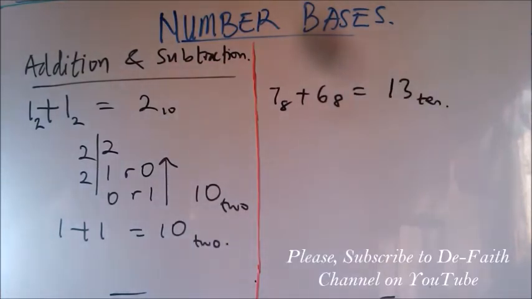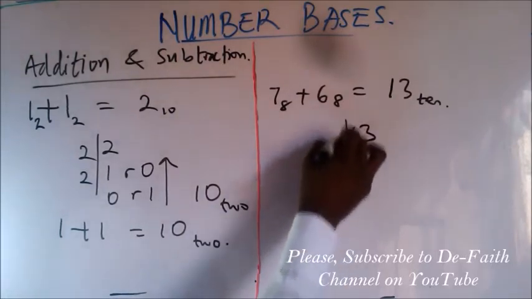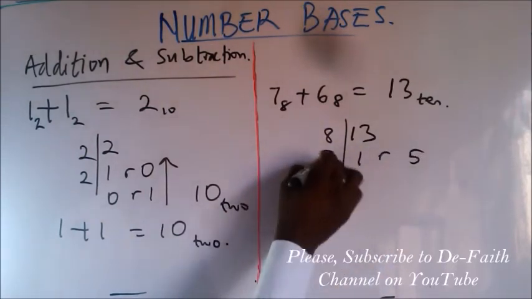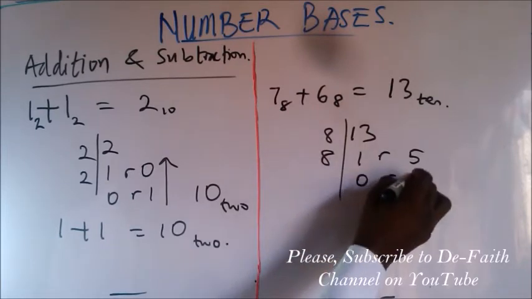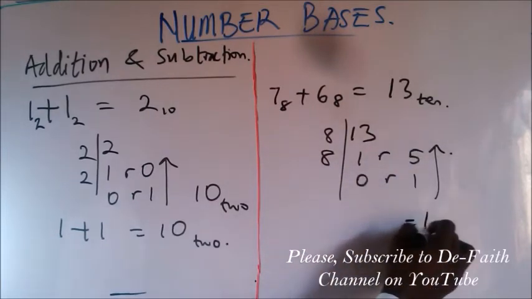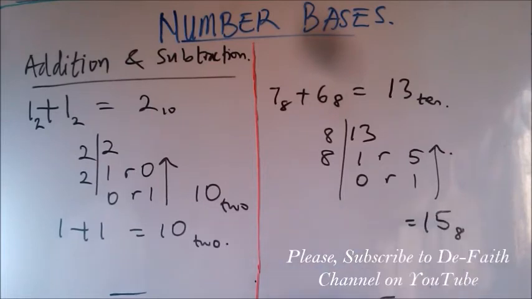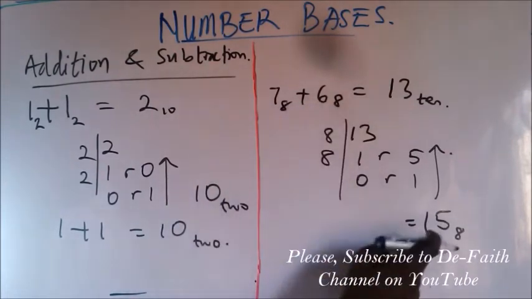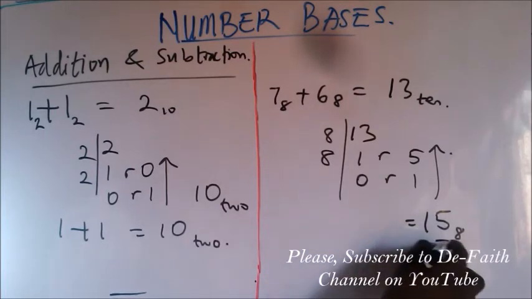Now the base 10 will be converted into base 8, such as 13. 8 into 13 gives 1, remainder 5, and then 8 into 1 is 0, remainder 1, and so we have 15 base 8. So 7 base 8 plus 6 base 8 is equal to 15 base 8.